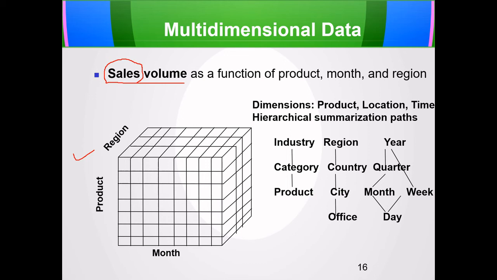So if you want to analyze the placement data, you will design one cube for the placement analysis. It will have all the aggregated data, number of students placed year wise, right? In the different companies, company wise, instead of product you can take company here. Here instead of region you can take, for example, year, right?